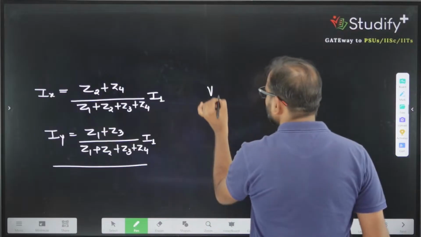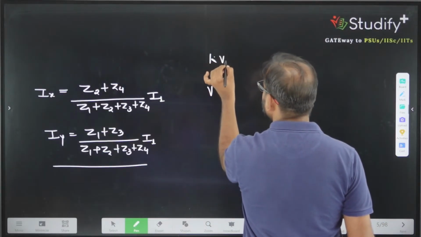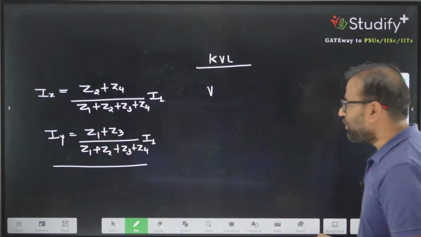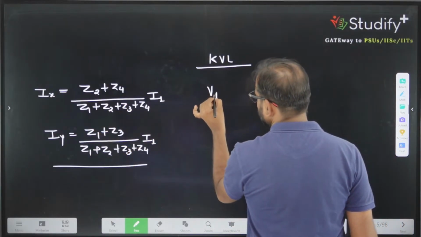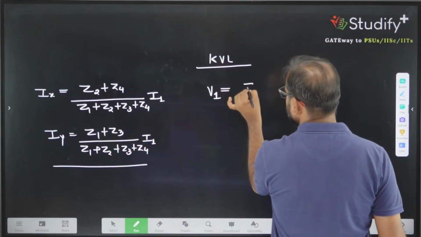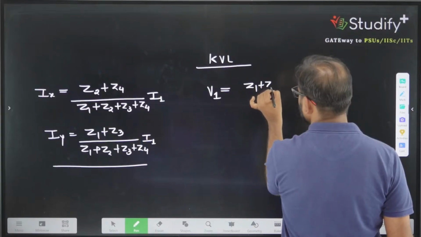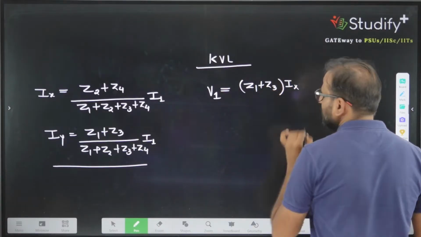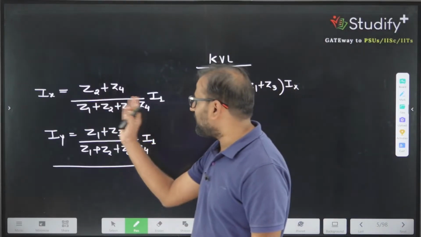Using KVL analysis, what is the value of V1? The value of V1 is given by Z1 plus Z3 into Ix. And what is Ix? Ix is available in terms of I1.